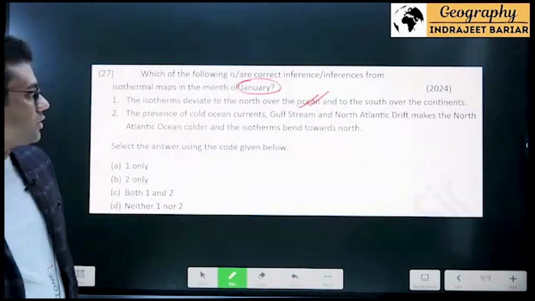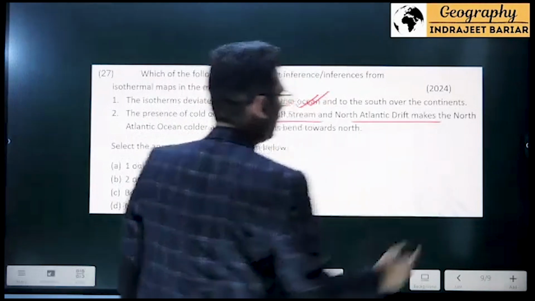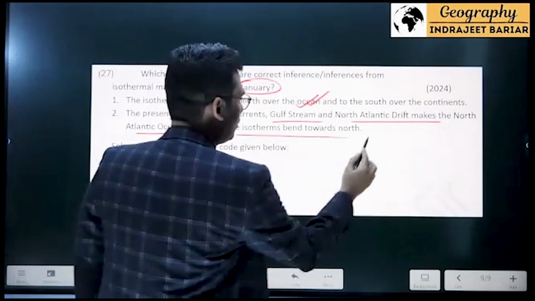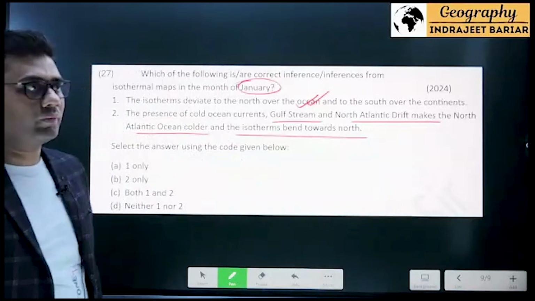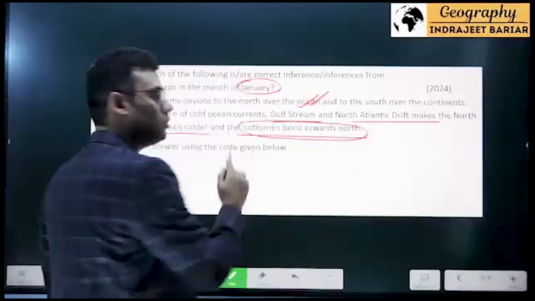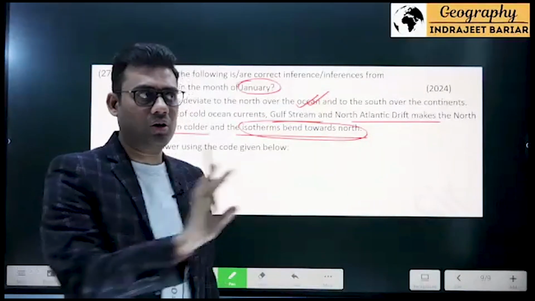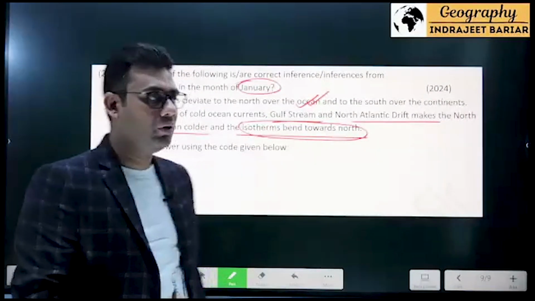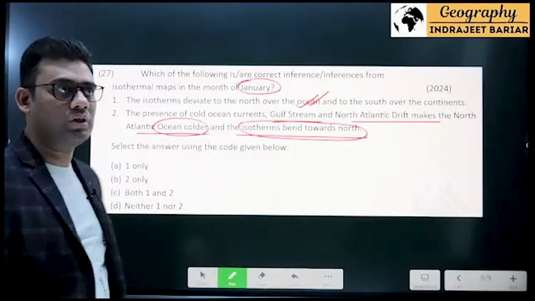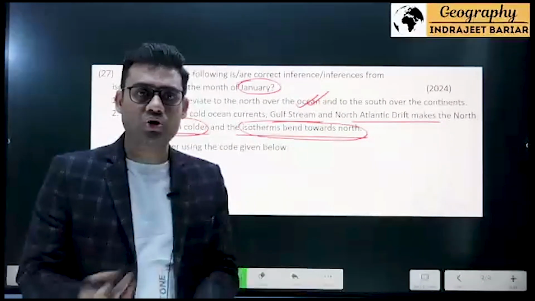Second: presence of cold ocean currents, Gulf Stream and North Atlantic Drift, makes the North Atlantic Ocean colder and the isotherms bend towards north. Now, the isotherms bending towards north is okay, no problem in this. Just now we have seen the isothermal map. But making the ocean colder makes no sense. Gulf Stream, North Atlantic Drift is a warm ocean current anyways.